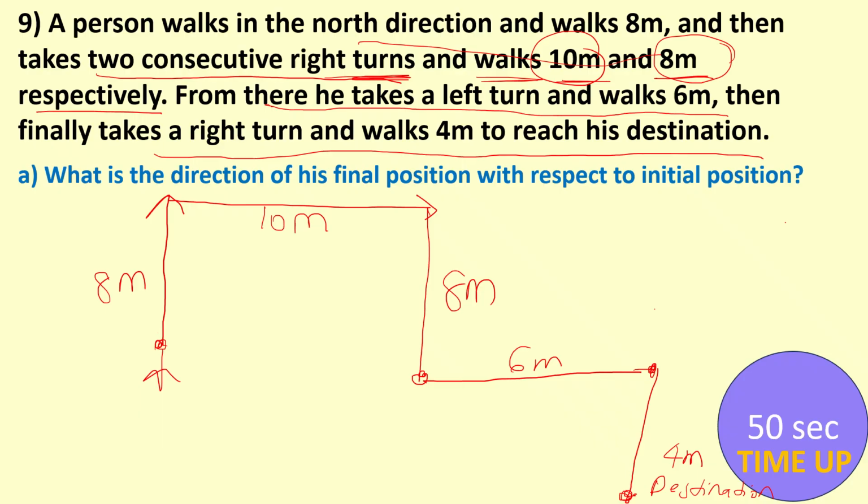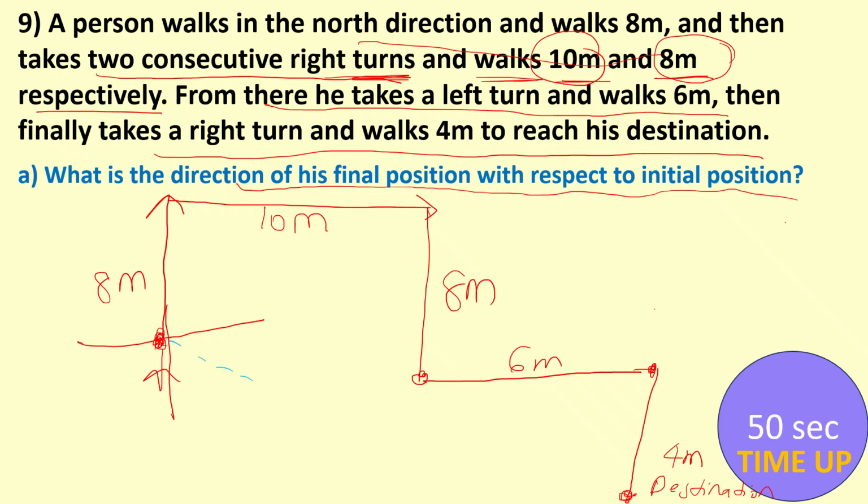And here is the person's starting point. What is the direction of his final position with respect to his initial position? So destination is your final position, correct? And this is your initial position. You draw the map. And this is your destination.